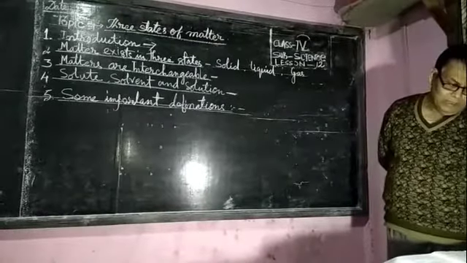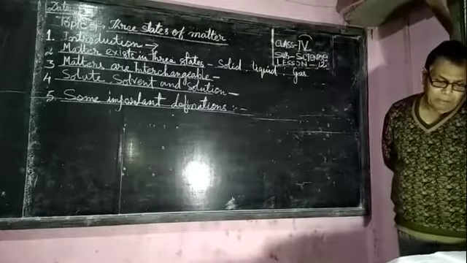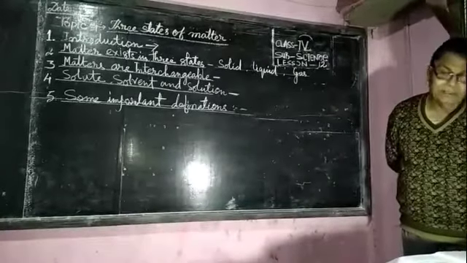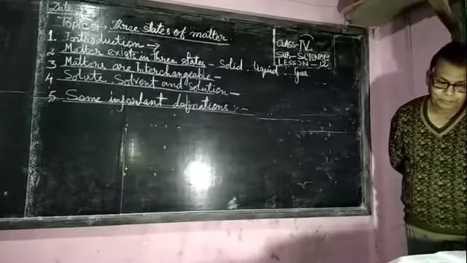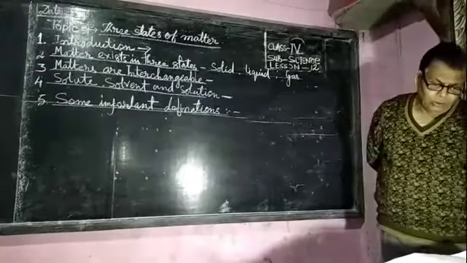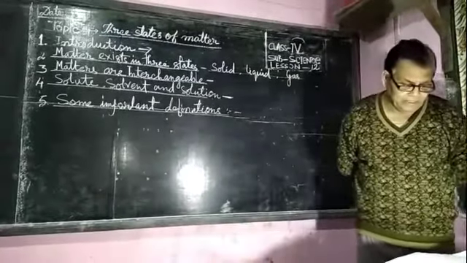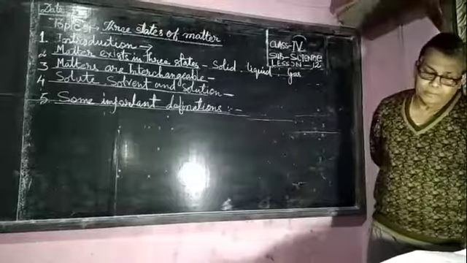Now, water is a good solvent. It can dissolve a number of solids to make a solution. Salt, sugar, baking soda are some solids which can easily dissolve in water.